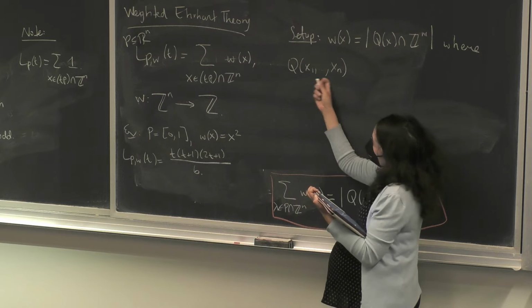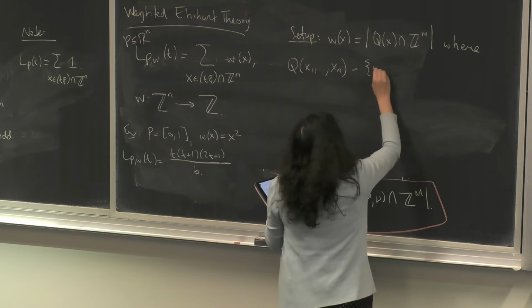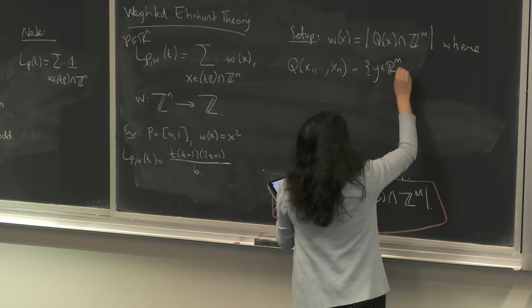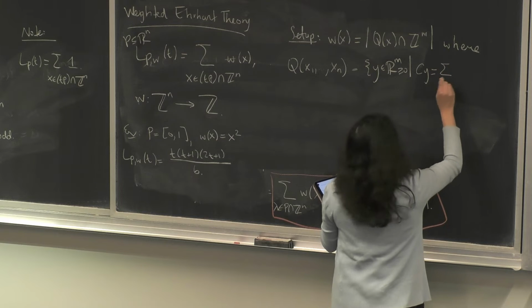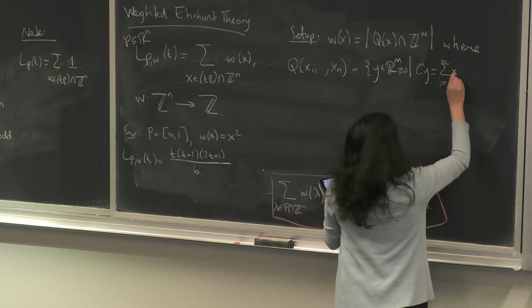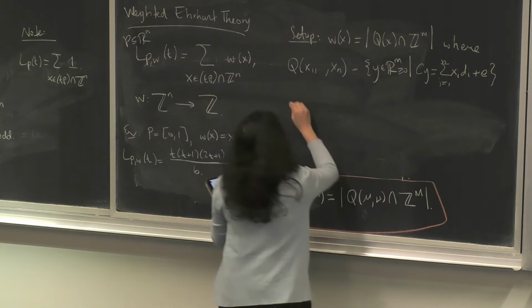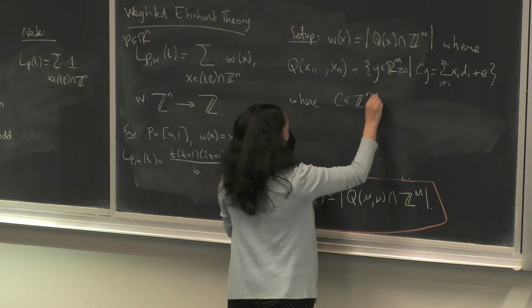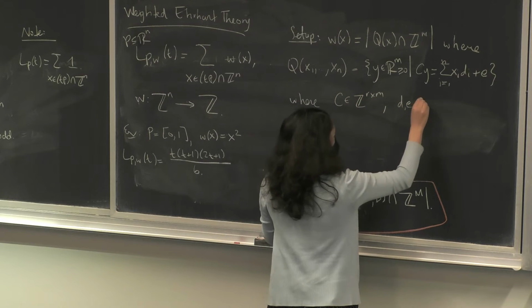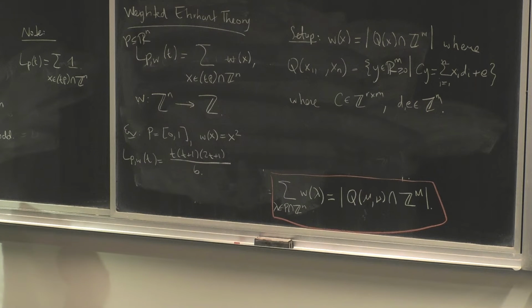So for each lattice point on your polytope, you're going to have a different Q, and this is going to be given by, okay, so it's like a continuous family of polytopes in some sense.